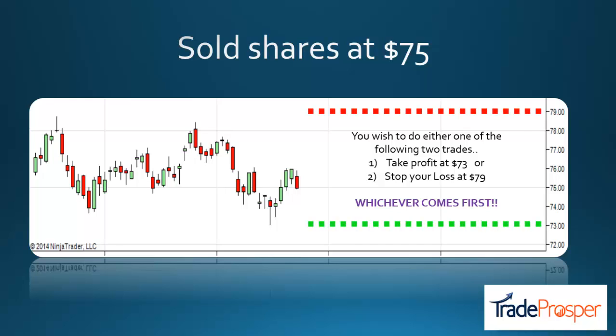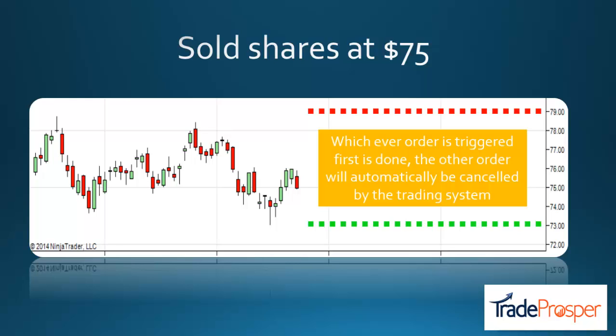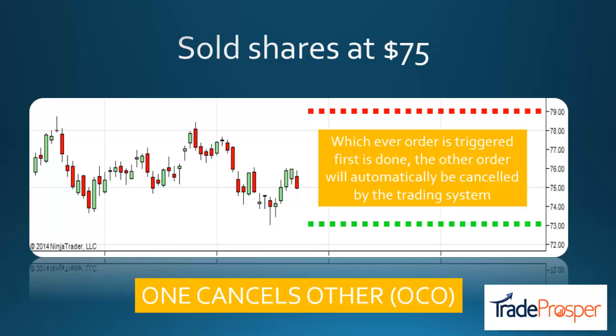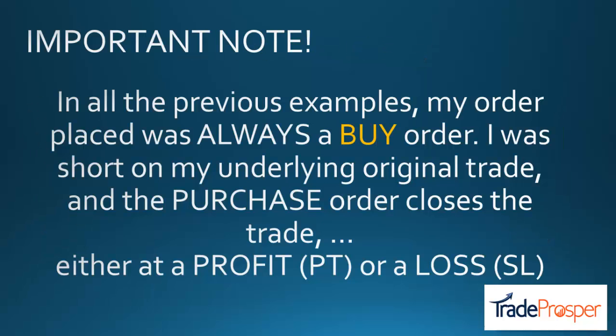And here again, the orders that we will put in the system is a simultaneous order to either buy at 79 or buy at 73, whichever one comes first. So whichever order then is triggered, that order will be executed and the other order will automatically be cancelled out of the system and no longer be valid. This order, once again, is referred to as a one cancels the other, or an OCO order.